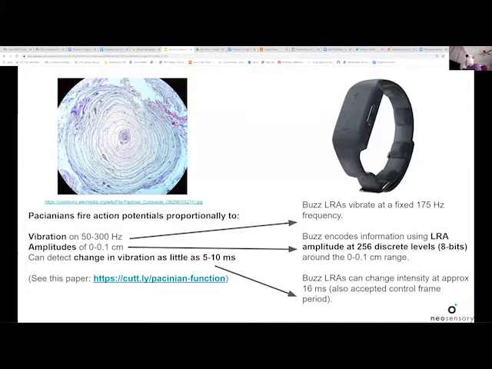So this is the frame rate, or the frame period, at which Buzz operates. We have a developer API and SDKs that enable you to plug in whatever information you want to the Buzz, and you can control the LRAs at 16 millisecond intervals.